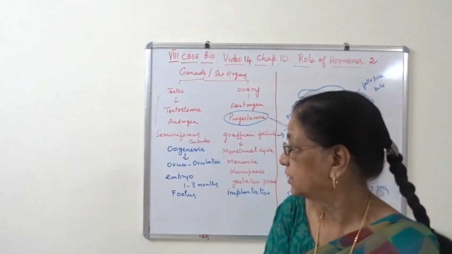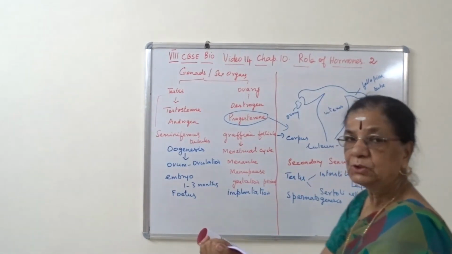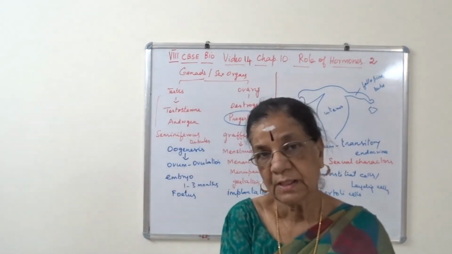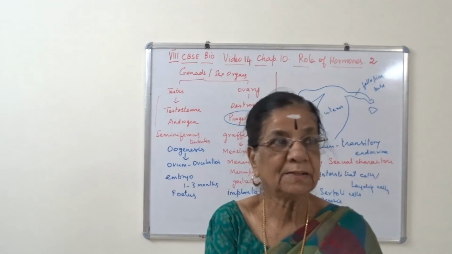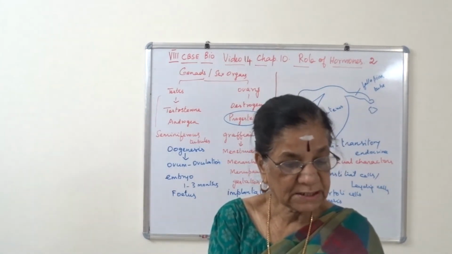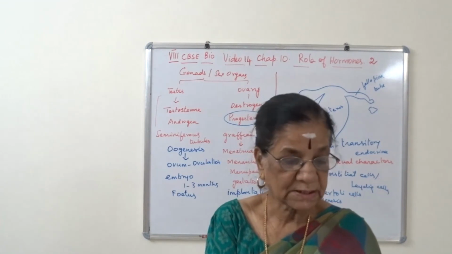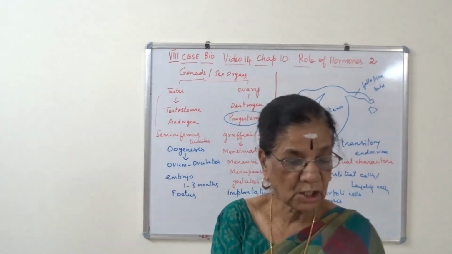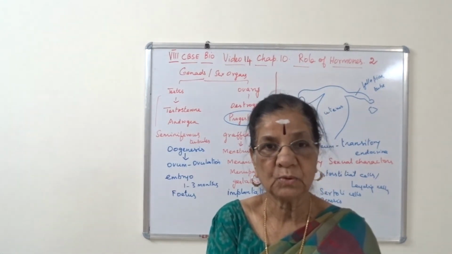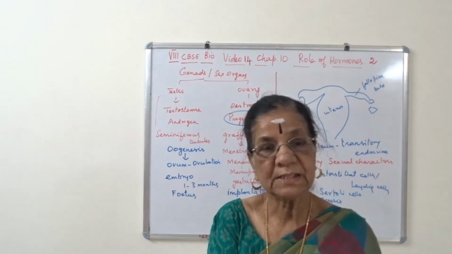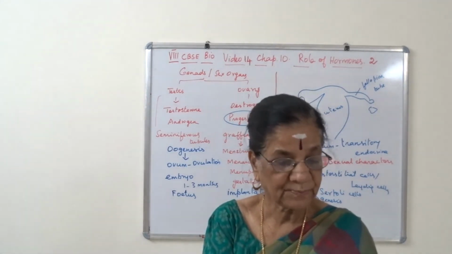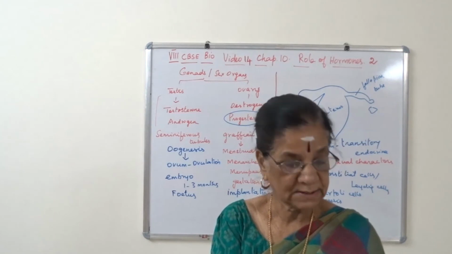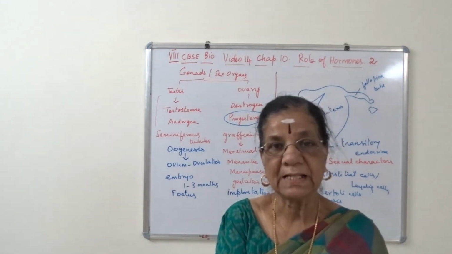So, we are talking about the changes, that is, the role of hormones in male and female. Right? So, now the changes which occur at adolescence are controlled by hormones. I repeat, the changes which occur at adolescence are controlled by hormones. Okay. Now, what are hormones? We said hormones are chemical substances which are the secretion from endocrine glands, or we say endocrine system, or ductless gland.